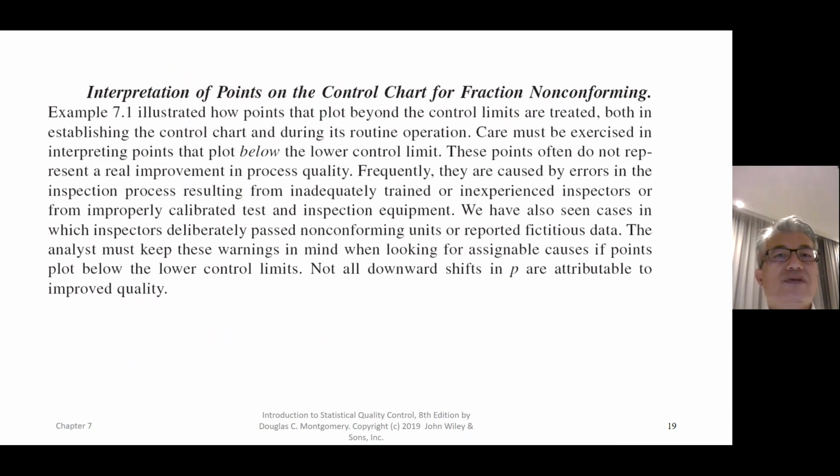Interpretation of points on the control chart for fraction nonconforming. Example 7.1 illustrates how points that plot beyond the control limit are treated, both in establishing the control chart and during its routine operation. Care must be paid in interpreting points that plot below the lower control limit.